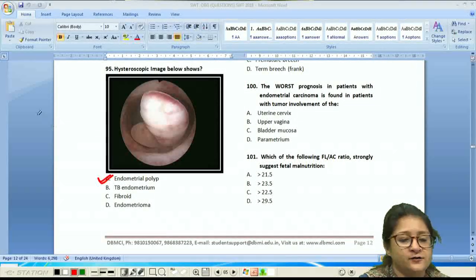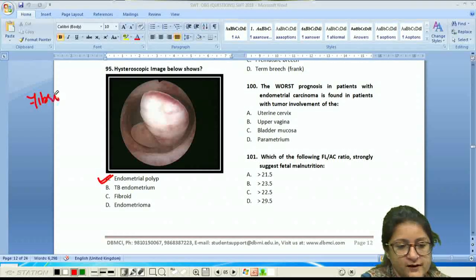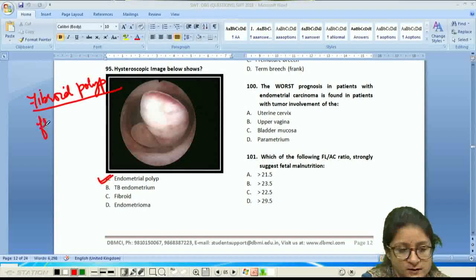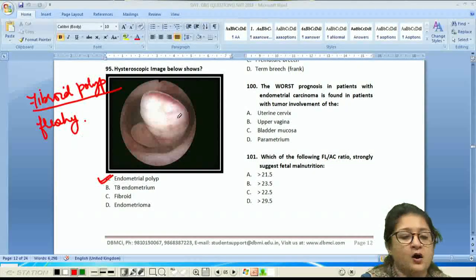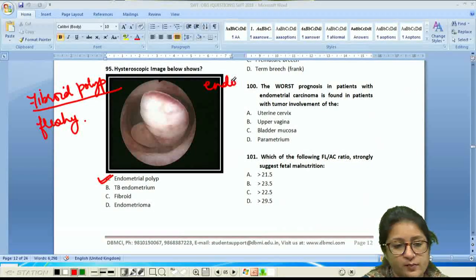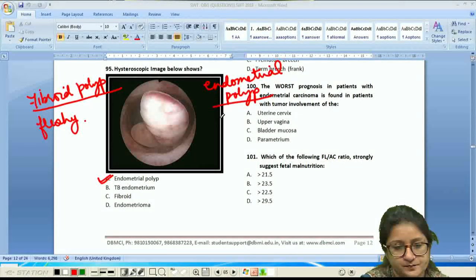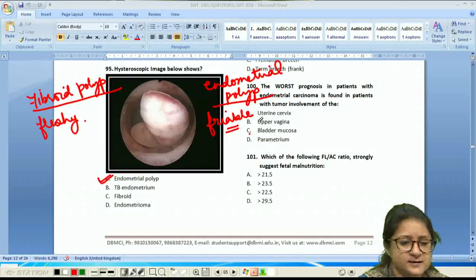Other than that, if you were to differentiate between a fibroid polyp and an endometrial polyp, a fibroid polyp looks more fleshy, whereas the endometrial polyp is going to be a little more friable and not fleshy.